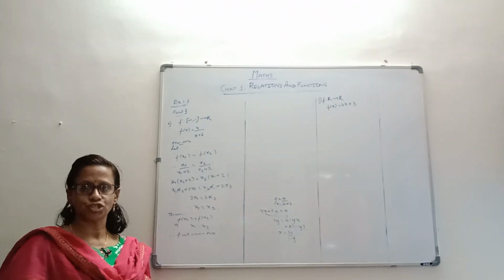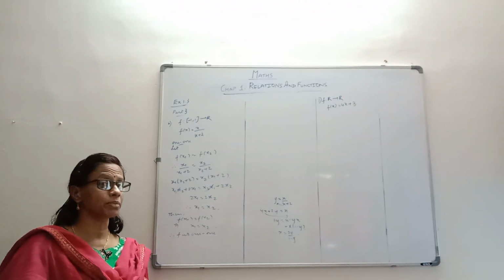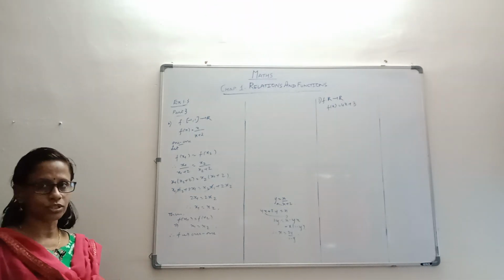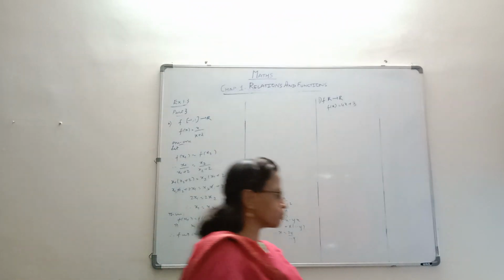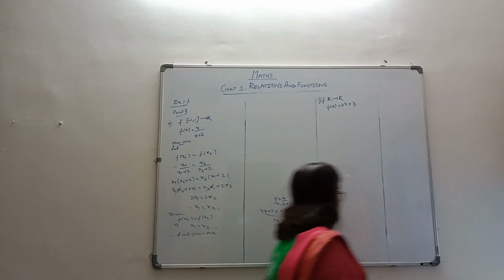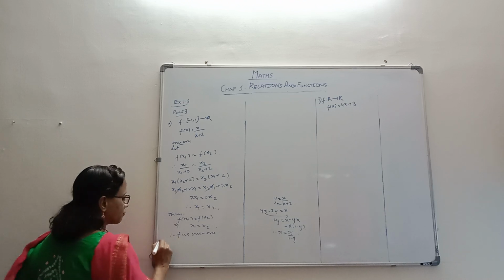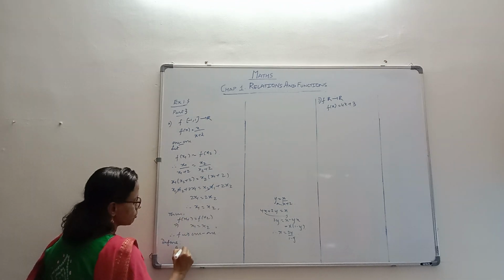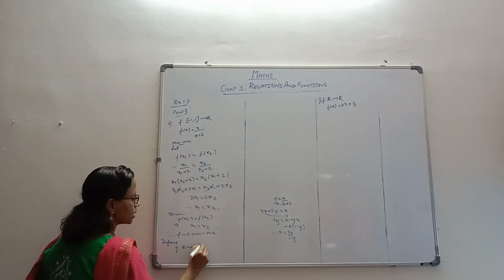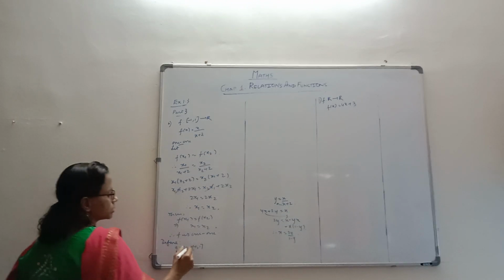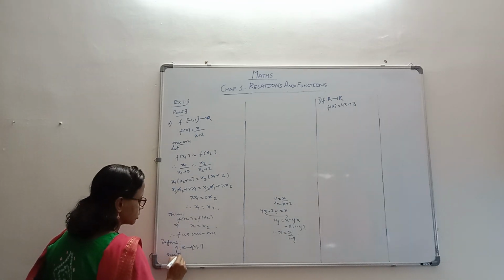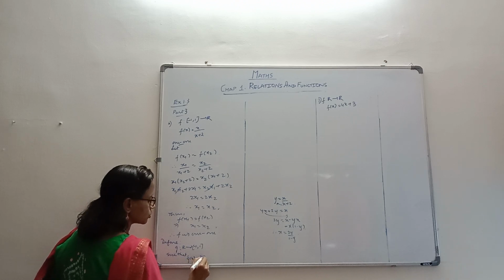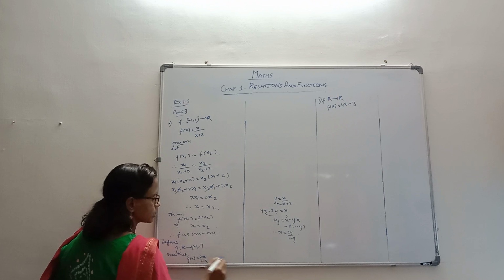That will help you define a g. When you define a g, eventually that will become the inverse. This is the same idea we used for ontoness, and we'll use it here to define the inverse. Eventually it will turn out to be the inverse of the given function. So let's make this intelligent definition. Define g from just the opposite, from R minus 1 to R, such that g of x is equal to 2x by 1 minus x.